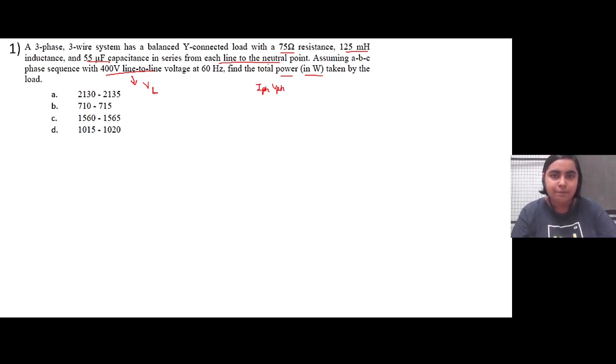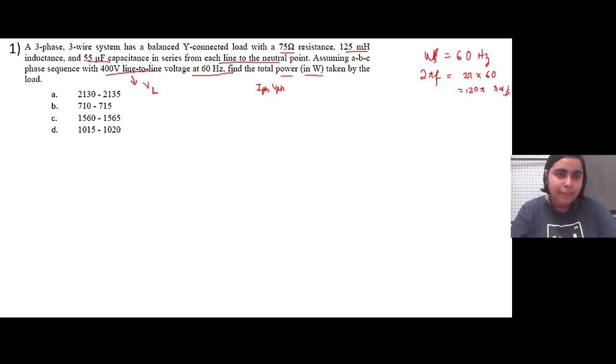So the information that you were given here is that the frequency is 60 hertz. So sorry, this is omega. You have to calculate 2 pi f, which is equal to 2 pi into 60, that is 120 pi radian per second.